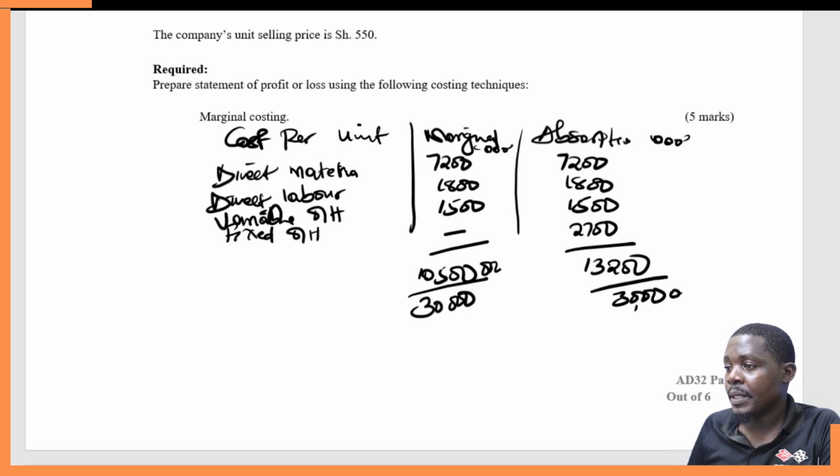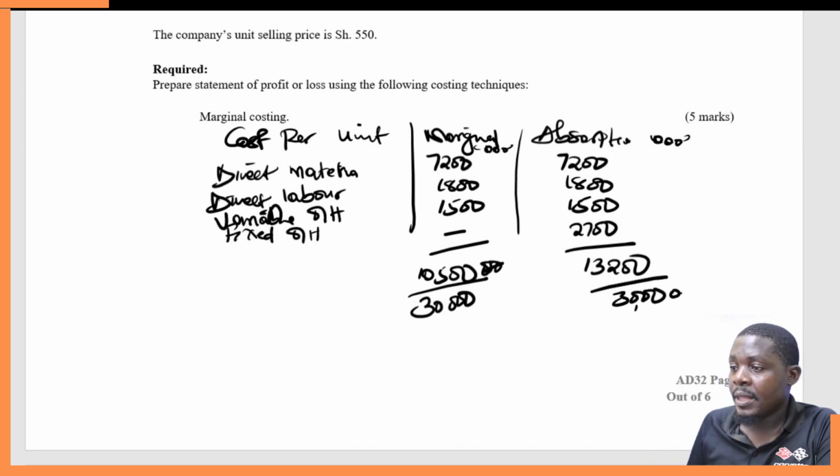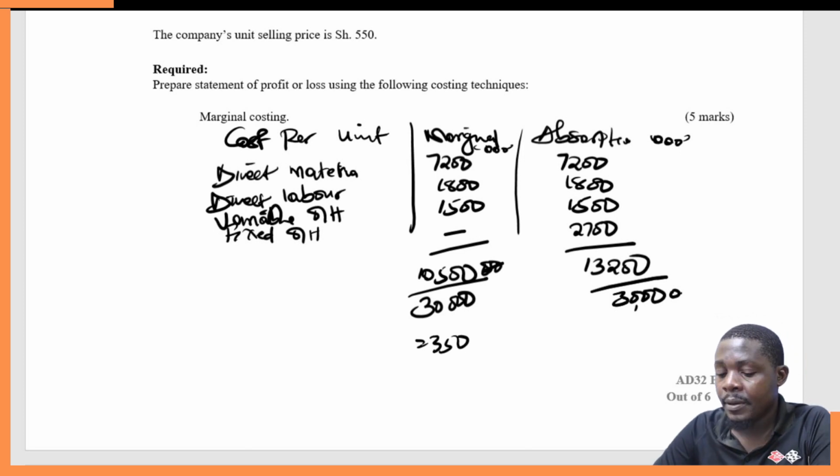Let me just multiply those, sorry. It is going to be 10,500 divided by 30,000. The answer we multiply by 1,000. Remember, they were in thousands. Meaning at this point, we are going to have 350. And then here we have 13,200 divided by 30,000.